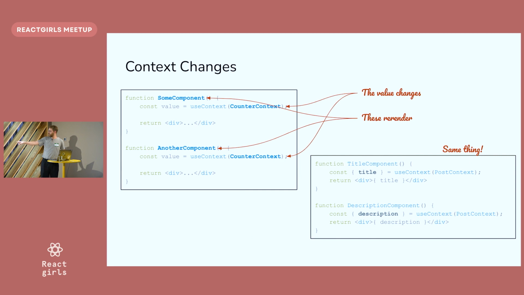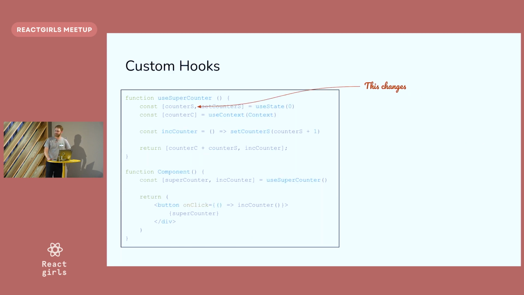So if the title changes, both the description component and the title component will re-render. A change to the context will trigger a re-render, whatever properties you're using from that context, right? So also still very basic.